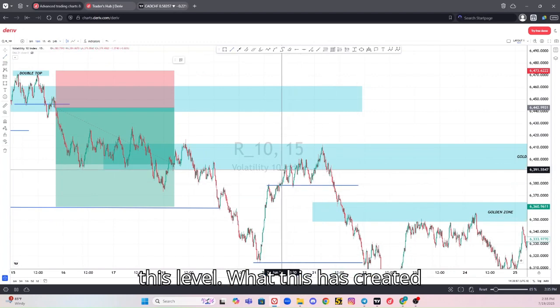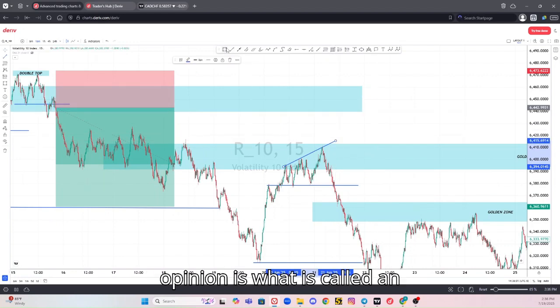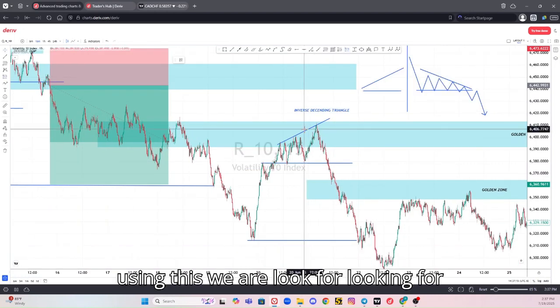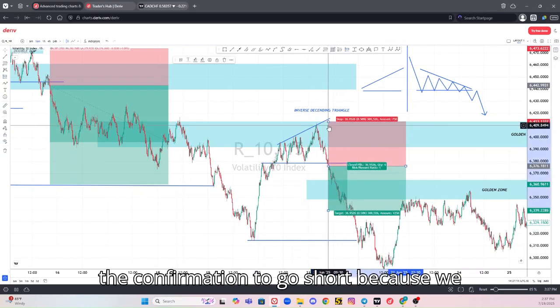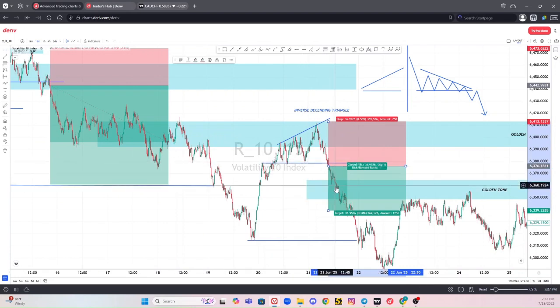What this has created, in my opinion, or in most traders' opinion, is what is called an inverse descending triangle. Using this, we are looking for confirmations, and this would be the confirmation to go short because we are breaking below the equal lows, right?